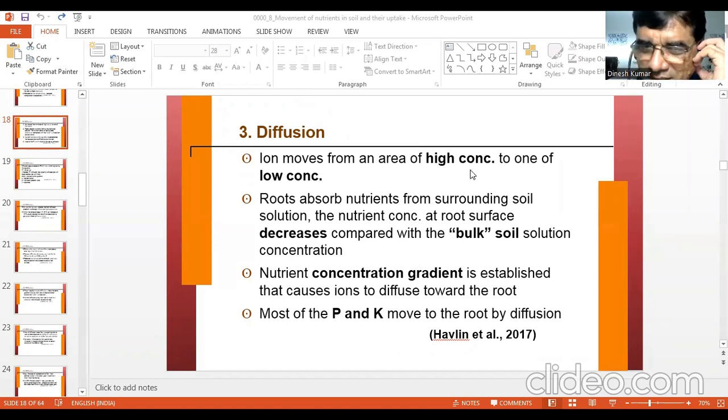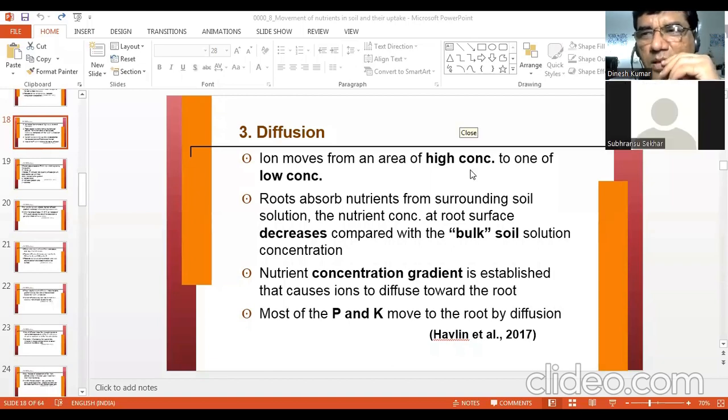Subhranshu, can you try? What is the difference in mass flow and diffusion? Any idea? Anybody? Are you there or not? Everybody is there?